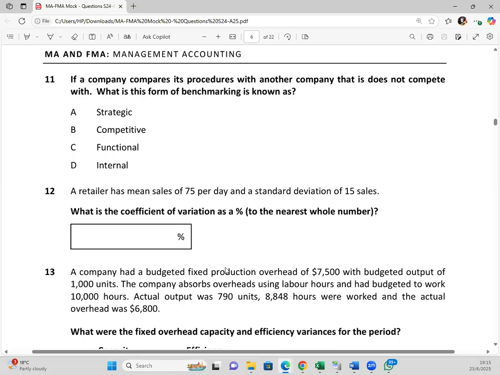What is the coefficient of variation? So the coefficient of variation is just a matter of you knowing the formula here. The coefficient of variation, we say the standard deviation over the mean times 100.